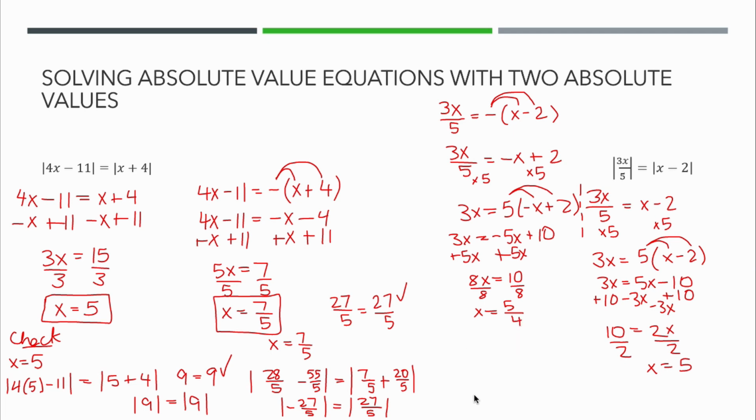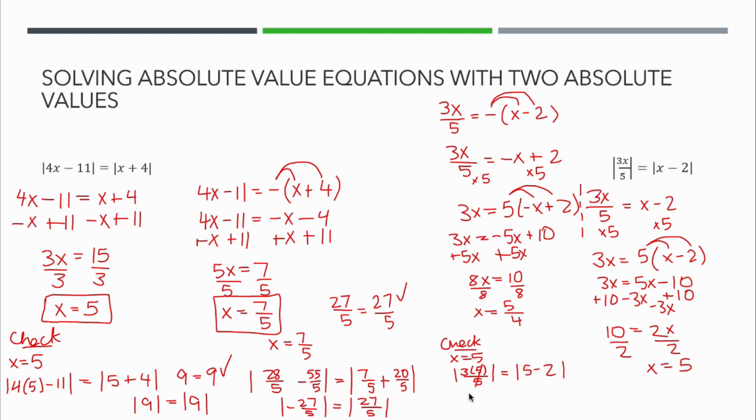Alright, now let's check with the room we've got left. Okay, so x is equal to 5. We're going to check that first. And so the absolute value of 3 times 5 divided by 5, so the 5's cancel out here, we're left with 3, is equal to the absolute value of 5 minus 2.